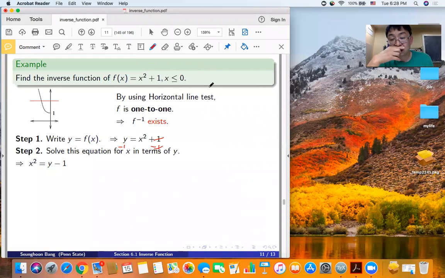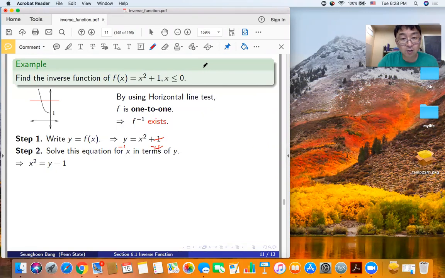Do you have the same answer? Square root of y minus 1. Is it right? I'm going to give one example here.